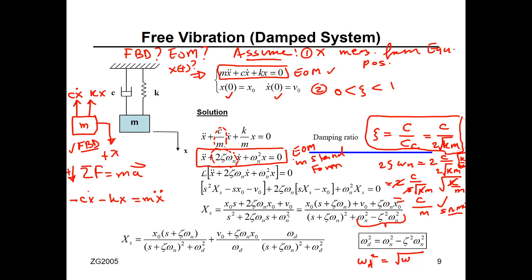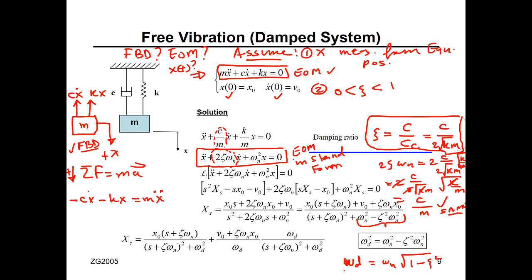Oops, sorry, let me erase this. Omega d equals omega n square root of 1 minus zeta squared.